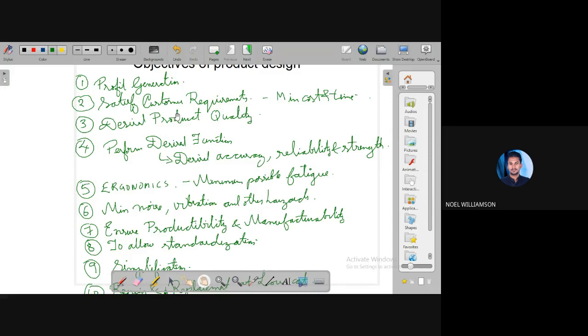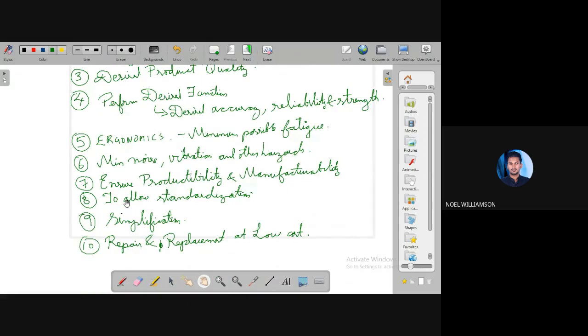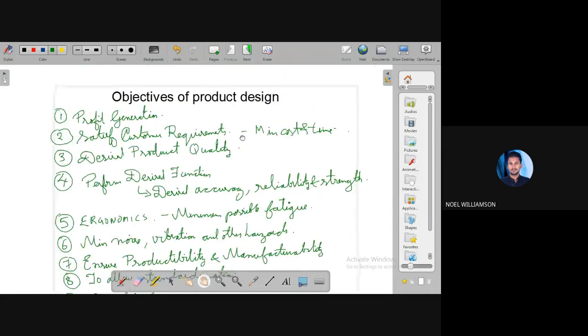Then sixth one, it should be used with minimum noise, vibration and other hazards. Seventh, it is to ensure the productivity and manufacturability. Eighth is to allow standardization in all components. Next was simplification, that means to have minimum number of components. Then finally the design should provide repair and replacement at low cost. Okay, so these were the objectives of product design.